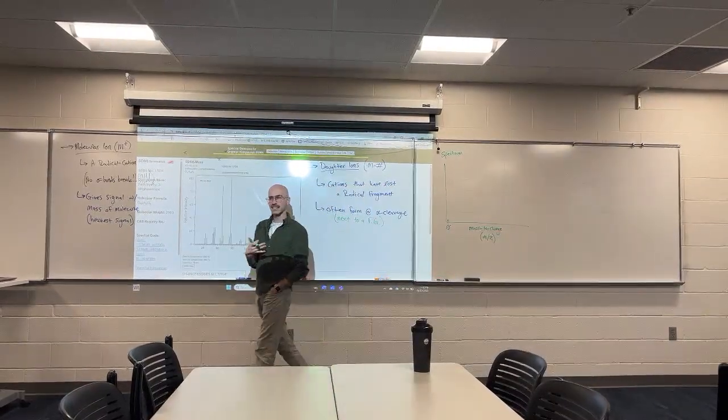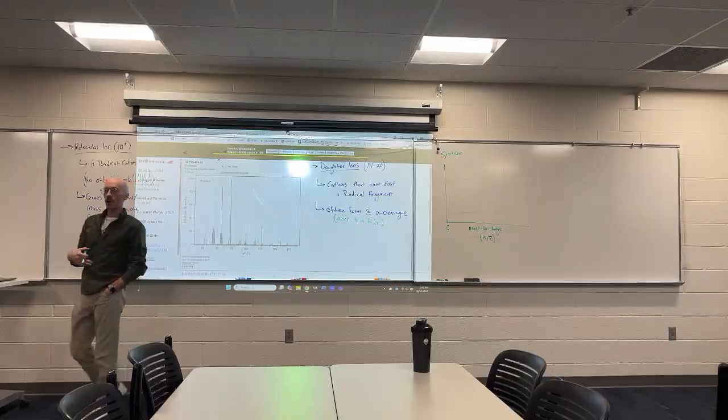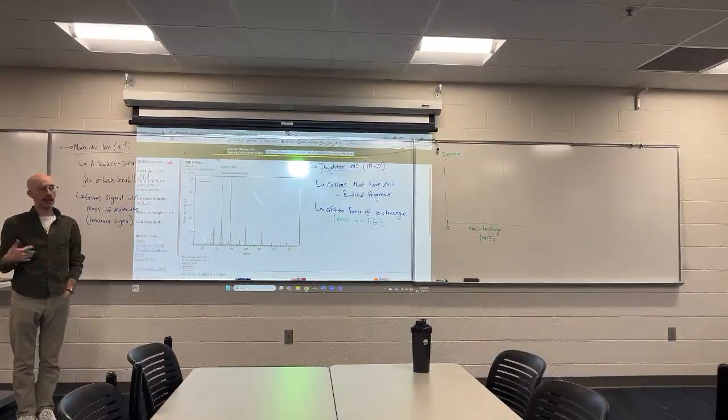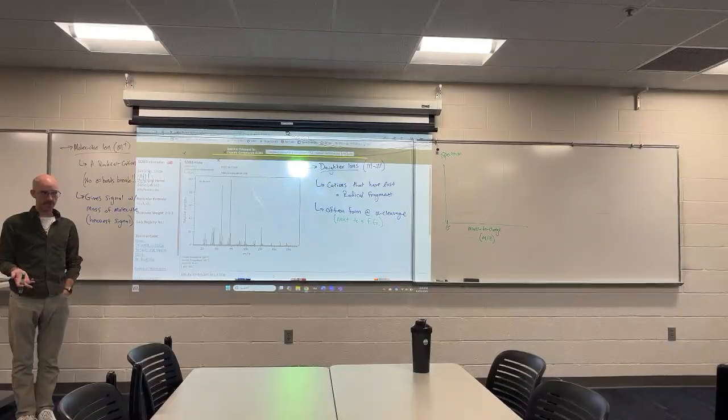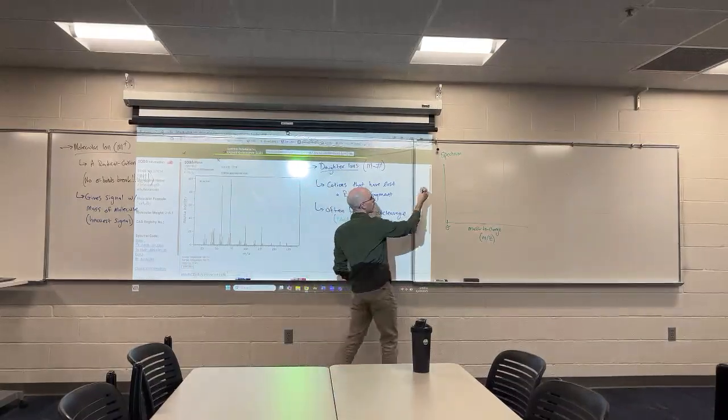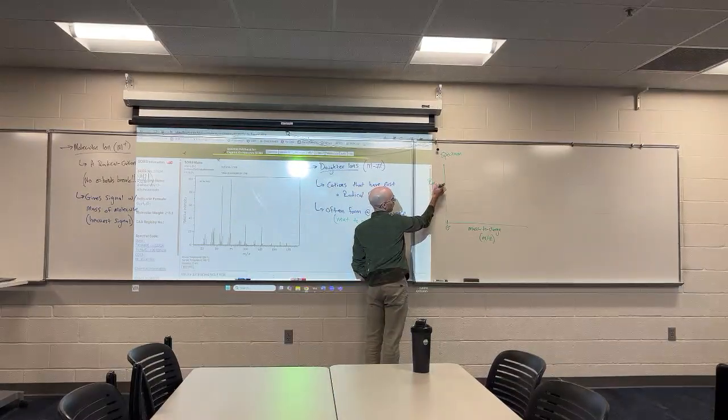The x-axis has units of m per z, mass to charge. M is mass, z is charge. On the y-axis, we'll just put relative intensity.